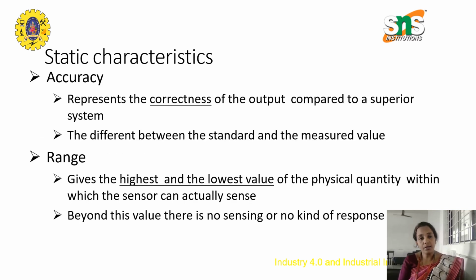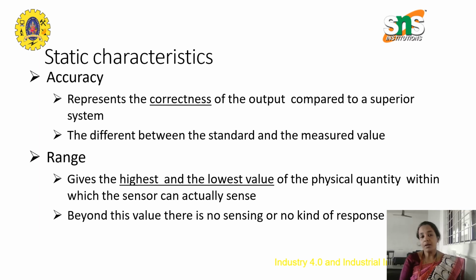Static characteristics depend on certain factors like accuracy and range. The first one is accuracy. It represents the correctness of the output compared to a superior system, the difference between the standard and the measured value.